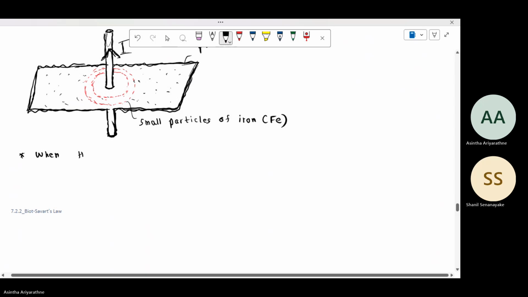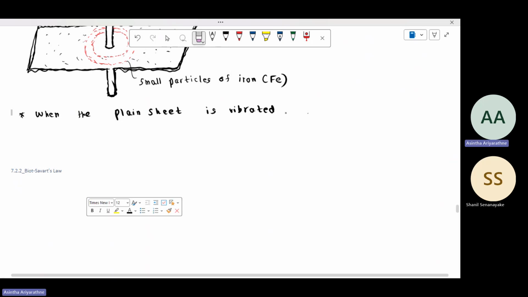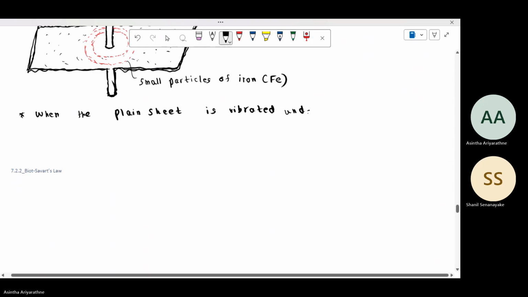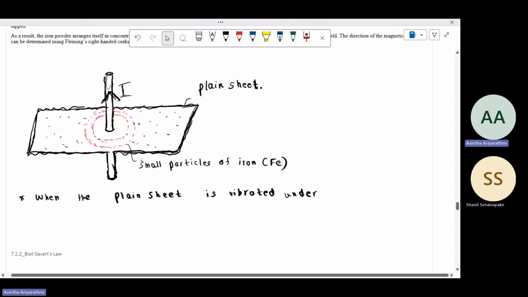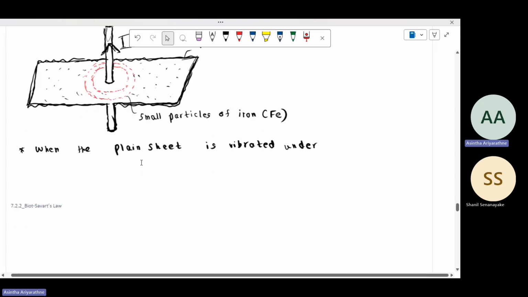When the plane sheet is vibrated under current, current should flow through the conductor. If current does not flow, then a magnetic field would not be induced around it. So definitely current should flow.